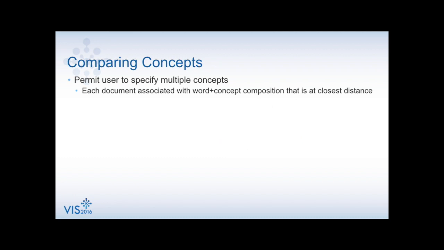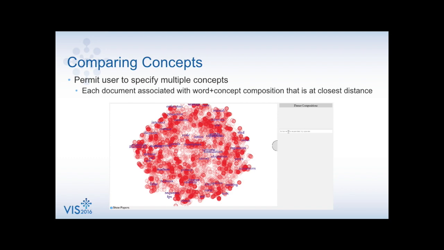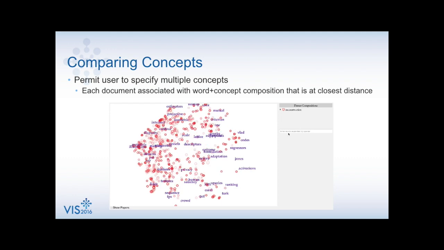We can also allow the user to specify multiple concepts in order to compare documents based on how they're best described by different compositions. Each document's 2D positional constraint is assigned the closest word composition over all specified concepts. So we show here just very basic themes in computer vision. And so by specifying reconstruction, we can observe documents mostly projected into the left region of the space.